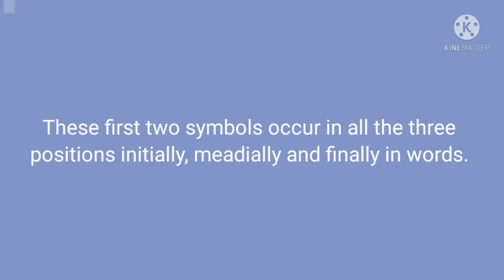Now, regarding the second symbol, I forgot to mention one point: in old books and dictionaries, you find that symbol in a slightly different manner. For example, they use just a line with a dot above it, just like you write i.